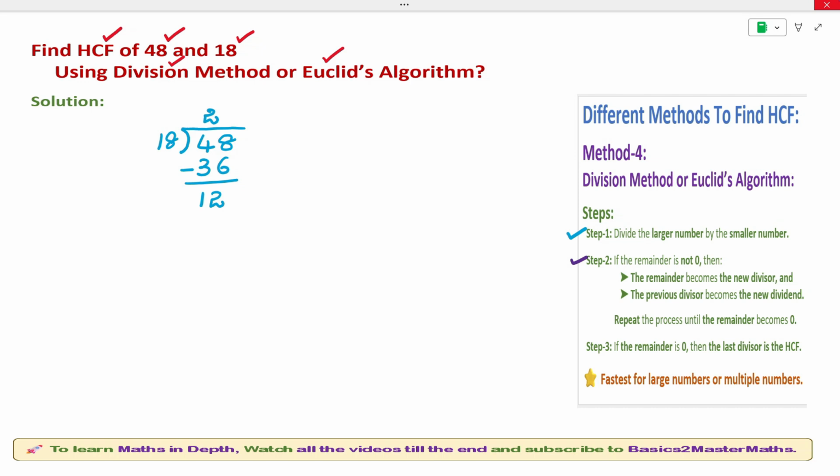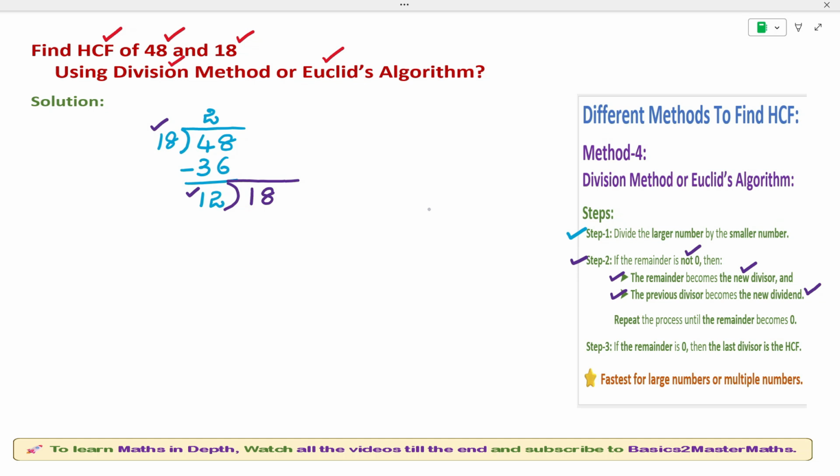If the remainder is not 0, then the remainder becomes the new divisor and the previous divisor becomes the new dividend. In this case, 12 becomes the new divisor and 18 becomes the new dividend.